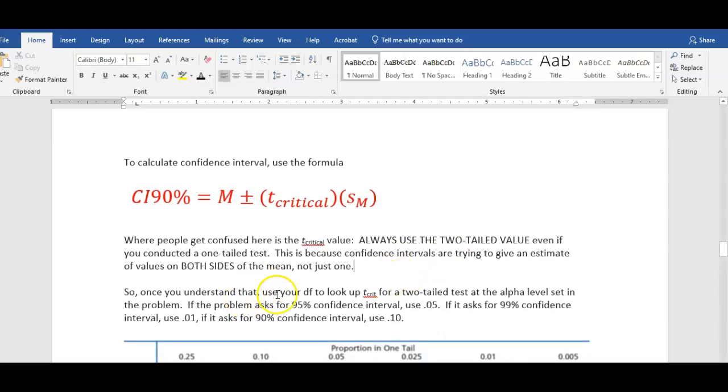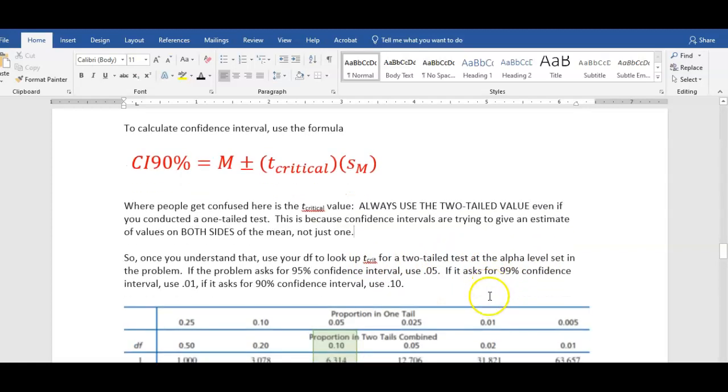Once you understand that, you just use the degrees of freedom. These are the same because your n is the same. So for this problem, degrees of freedom was 14. Look up the t critical value for the two-tailed test at the alpha level set by the confidence interval, not what you tested your hypothesis at. If it's asking for a 95% confidence interval, use alpha at 0.05.